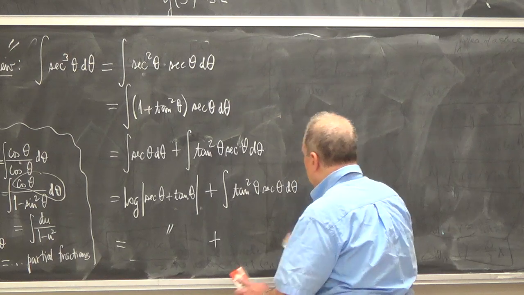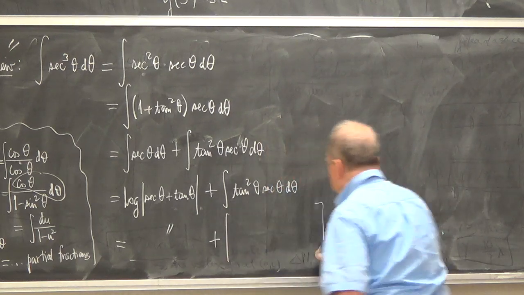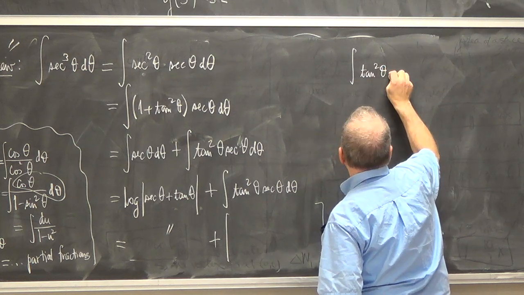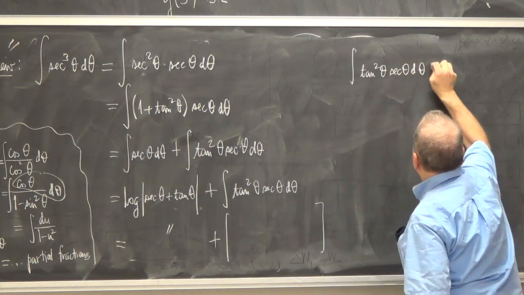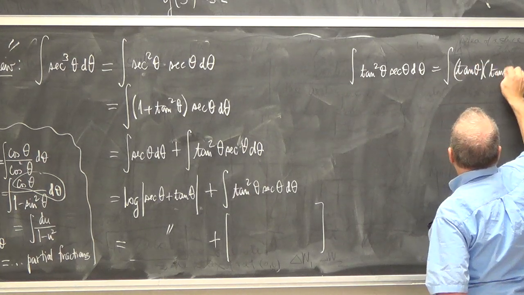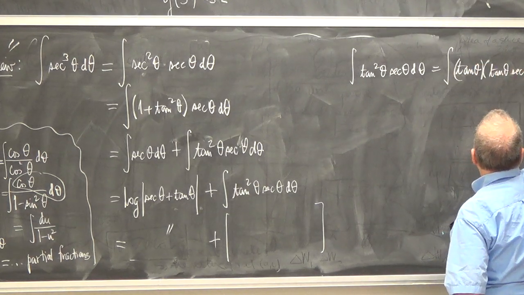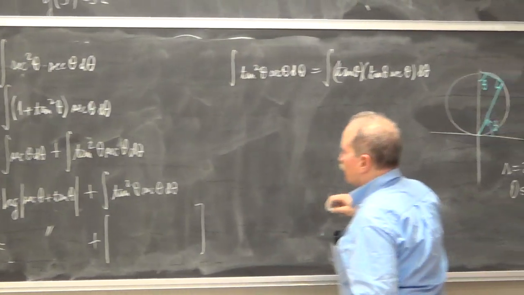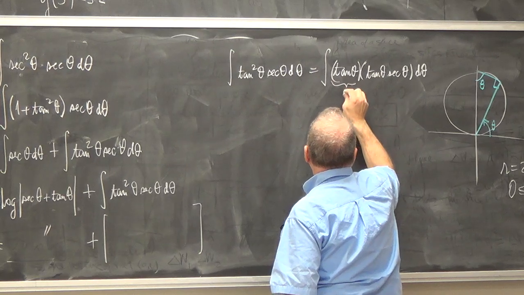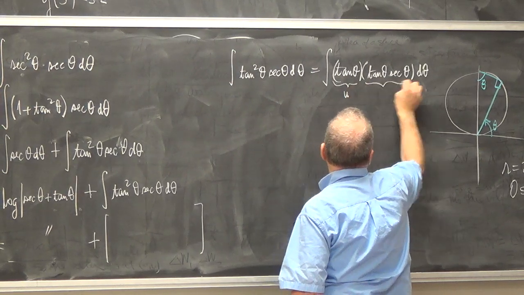So what Ken is suggesting is you write tangent squared secant as tangent times tangent secant, and let this be u, and let this be v prime.